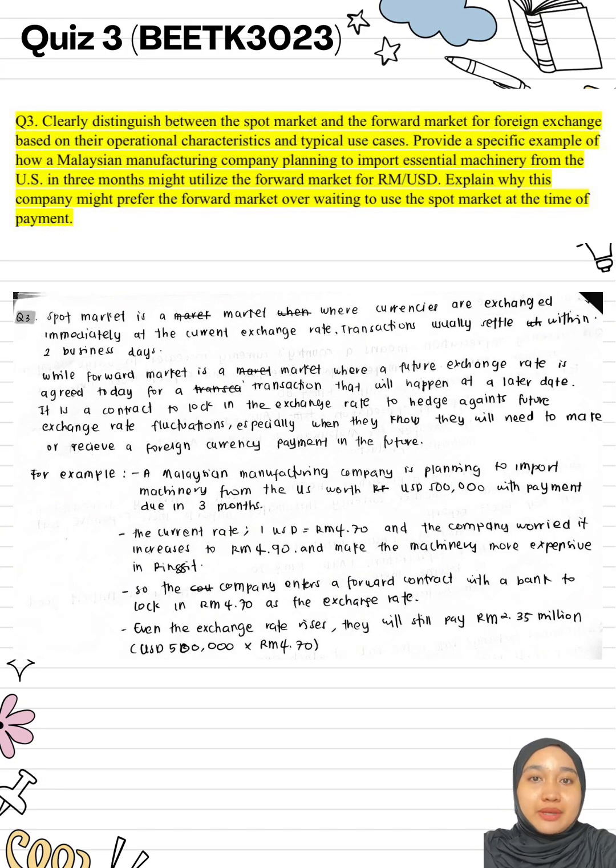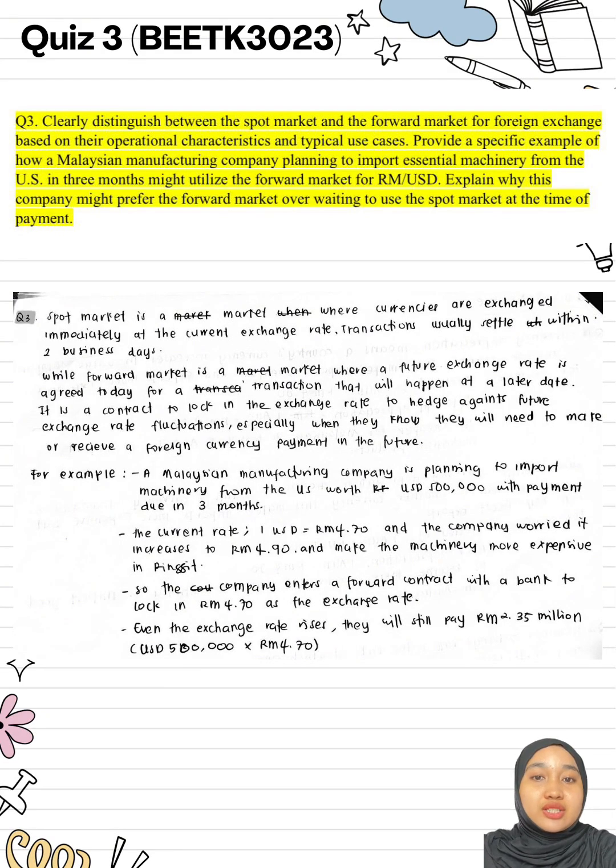For example, imagine a Malaysian manufacturing company is importing machinery from the US worth 500,000 US dollars, and payment is due in 3 months. Right now, the exchange rate is 1 US dollar equals 4 ringgit 70, but the company is worried that in 3 months the rate might rise to 4 ringgit 90, which would make the machinery cost 100,000 ringgit more.